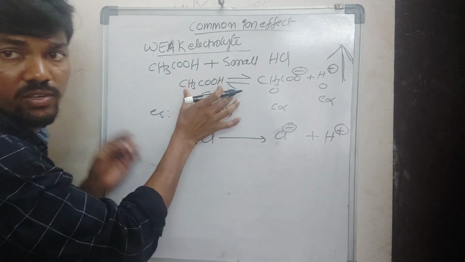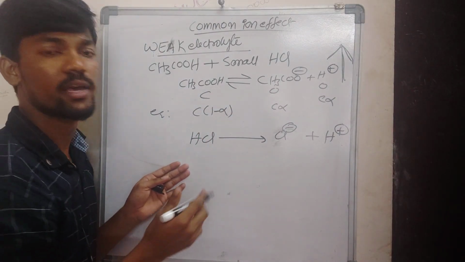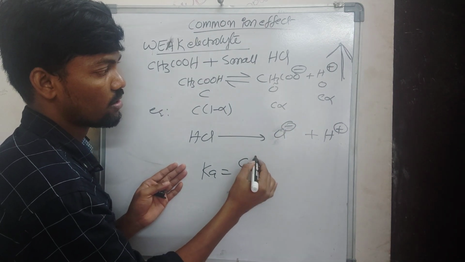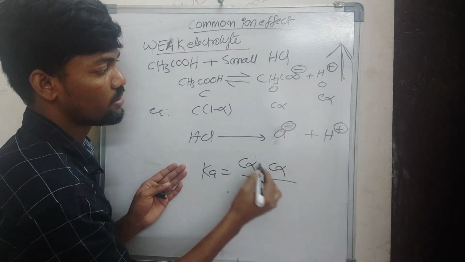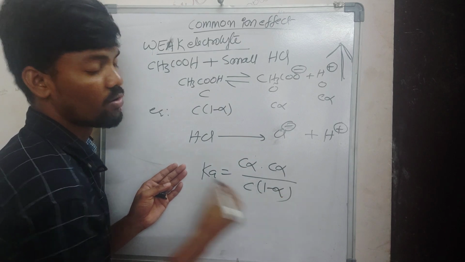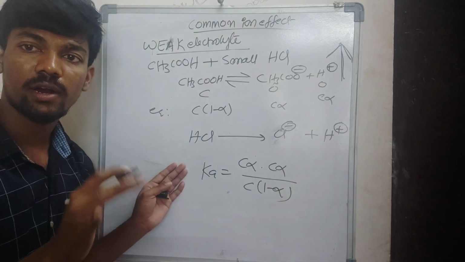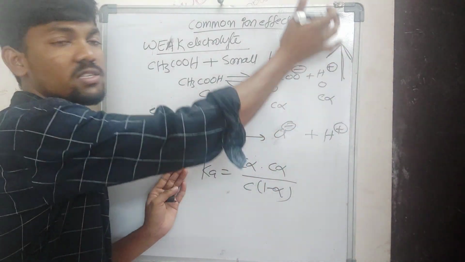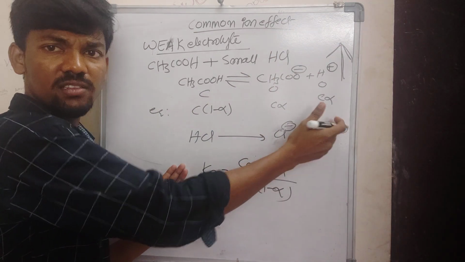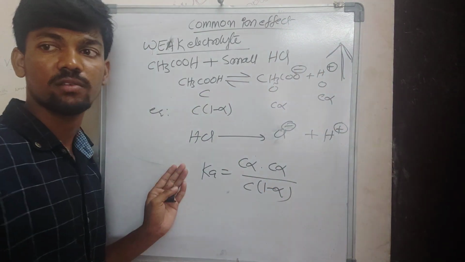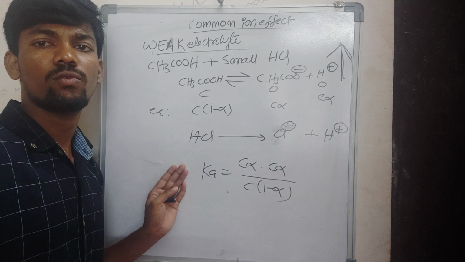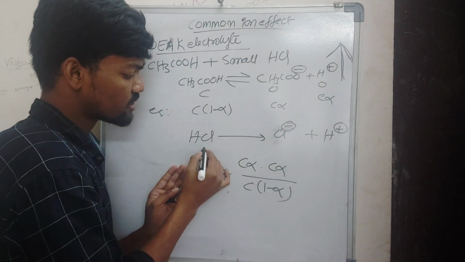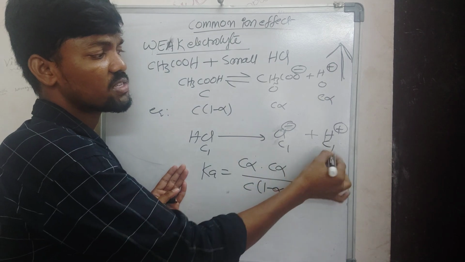So for this weak acid, how can you find the Ka value? For a weak acid, we can find it like this: C alpha into C alpha by C into 1 minus alpha. Under the common ion effect, this will increase more. We are adding this one to a system in equilibrium. So we have to take, suppose, this as C1.